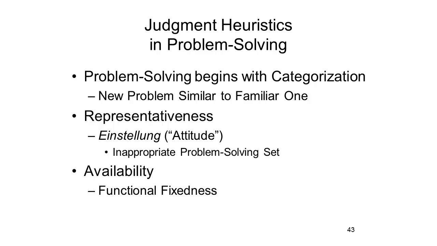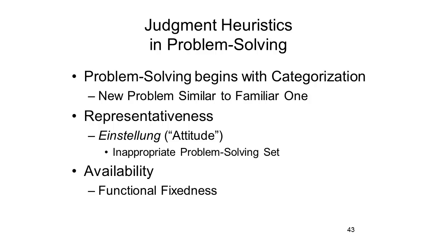Einstellung is a German word. It means something roughly like attitude and refers to the individual's inappropriate problem-solving set. For example, we can give subjects experience with a series of problems, all of which can be solved in the same way. And this will naturally induce a problem-solving set, a manner of approaching the next problem in line.